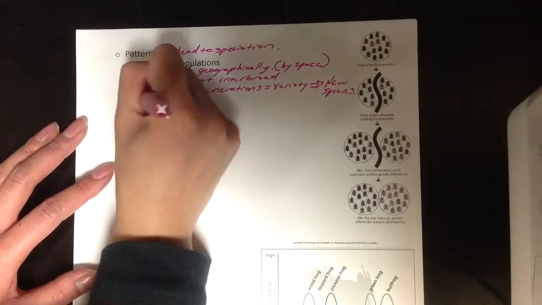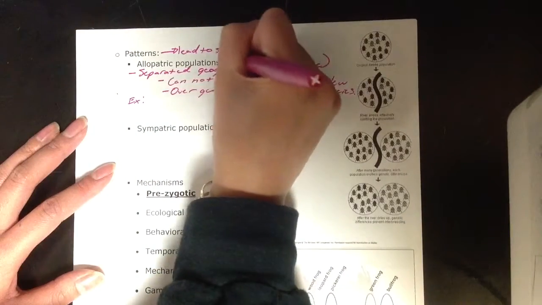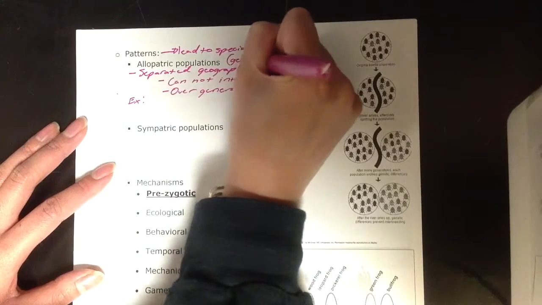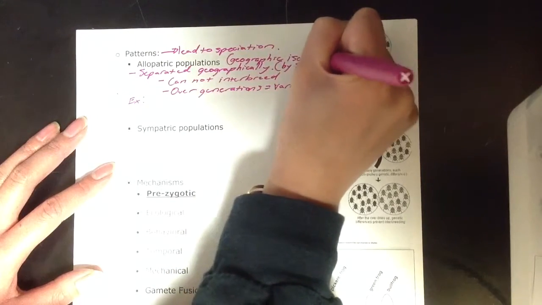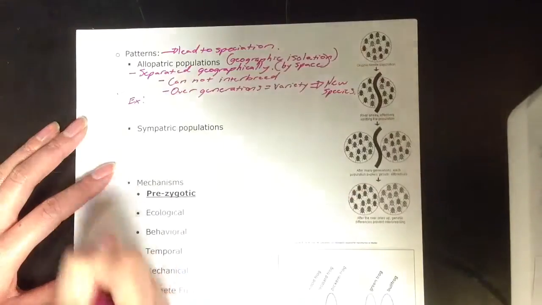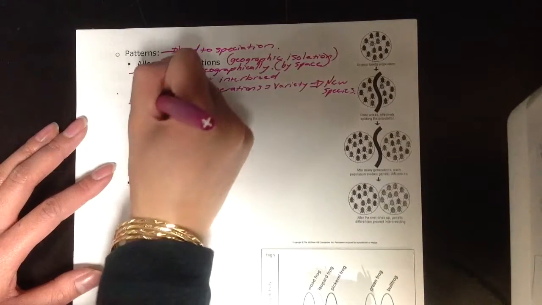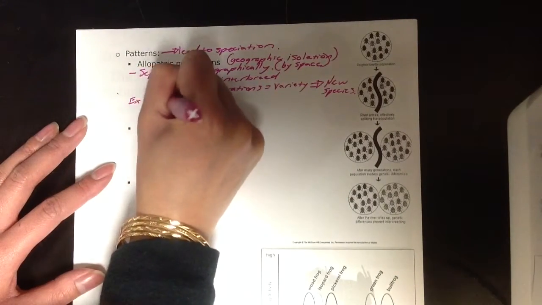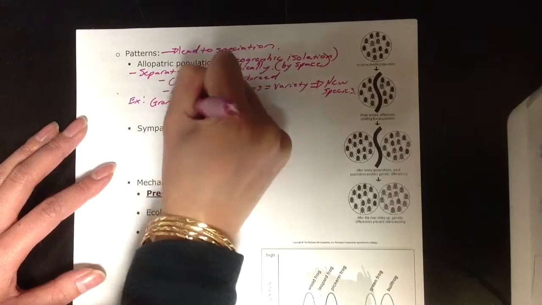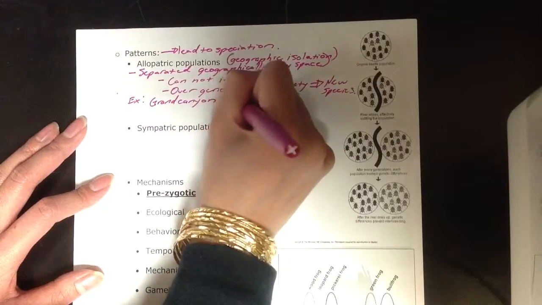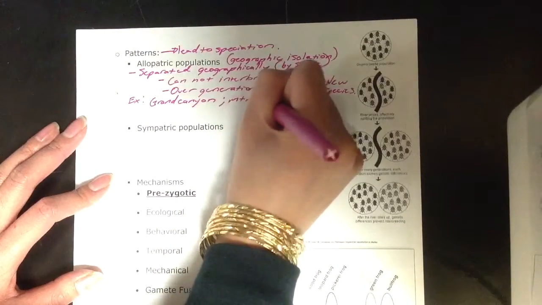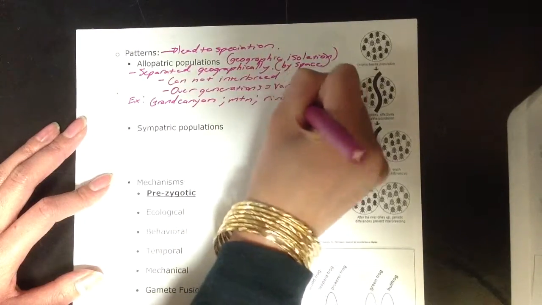You can also think of this as geographic isolation, that first example that we talked about with the snakes. Examples could be the actual Grand Canyon separating a species of squirrel, mountain ranges, rivers, lava.